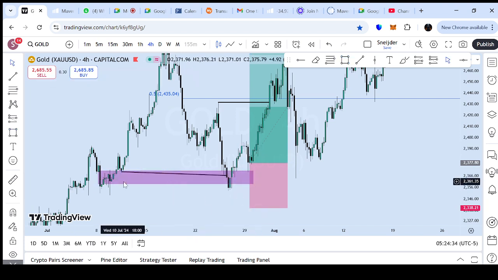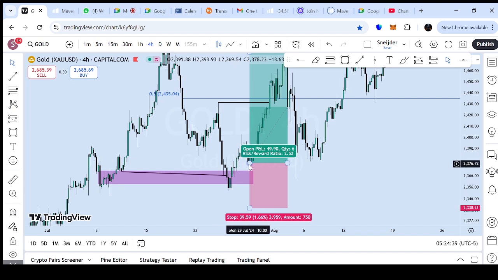So at 10 o'clock New York time, there is going to be a price movement and it starts in a fair value gap. This is the fair value gap. This is 10 o'clock.